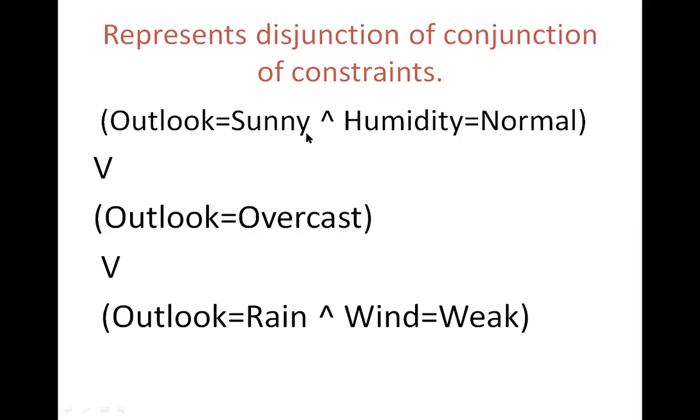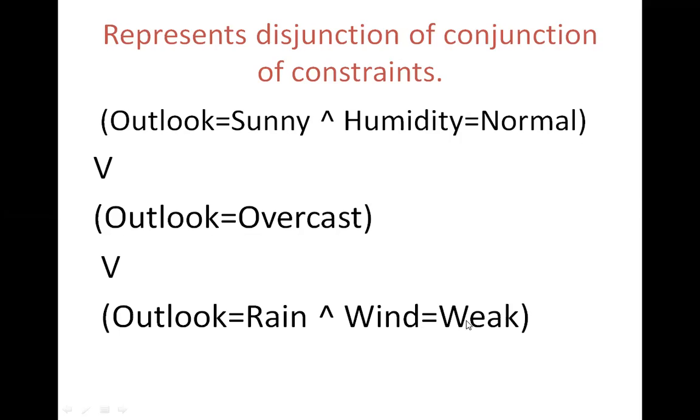These two conditions, if satisfied, outlook is equal to sunny and humidity is equal to normal. If these two conditions are satisfied, play tennis is yes. Or outlook is equal to overcast, play tennis is yes. Or one more condition, outlook is equal to rain and wind is weak.